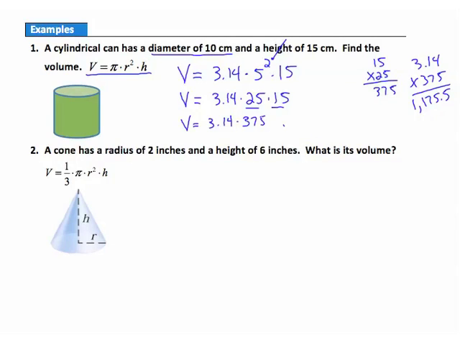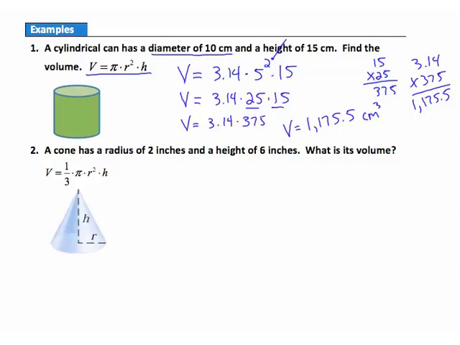So the volume then of this cylindrical can is going to be 1,175.5. And now we are measuring in centimeters, so we want to make sure we indicate this is a volume measure. So we have cubic centimeters, 1,175.5 cubic centimeters.